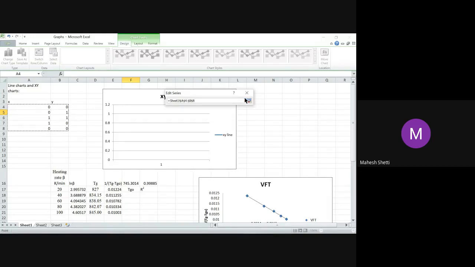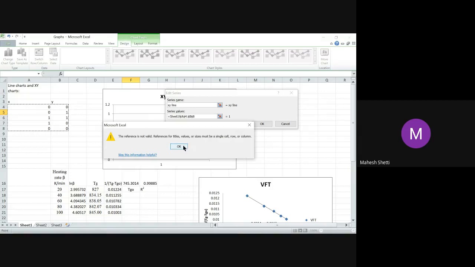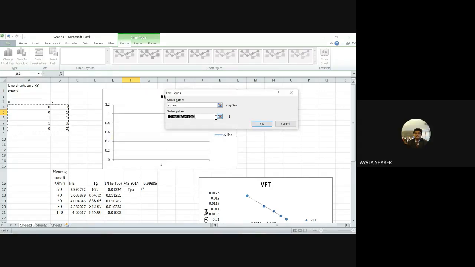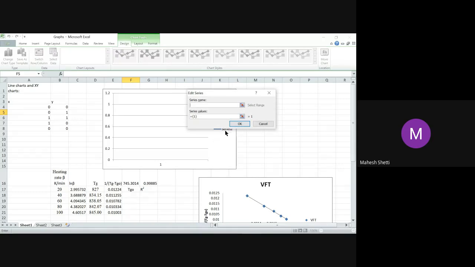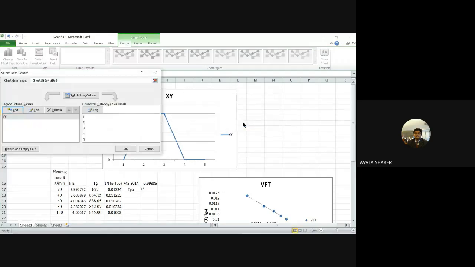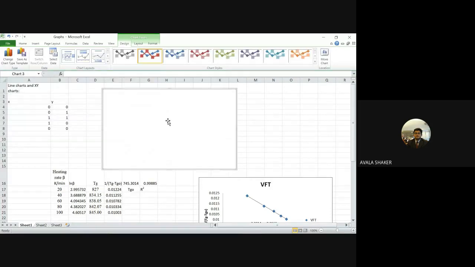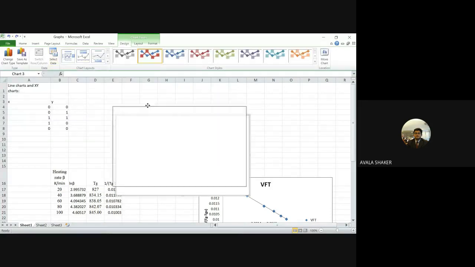It should give me 2 columns. That's what it is. One column, only 1 column. Okay, let me just take this.